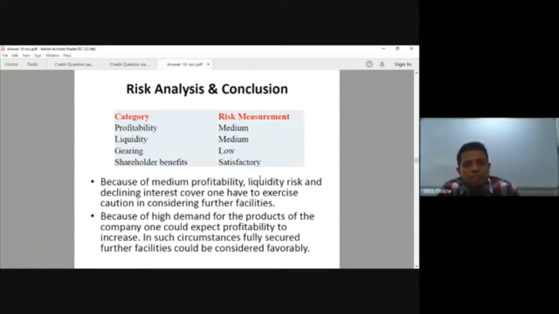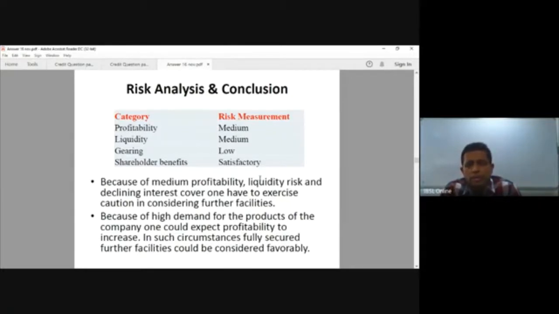Because of the medium profitability and liquidity risk, and declining interest cover, one has to exercise caution in considering further facilities. Because of high demand for the products of the company, one could expect profitability to increase. In such circumstances, fully secured further facilities could be considered favorably. Here, gearing is very low.